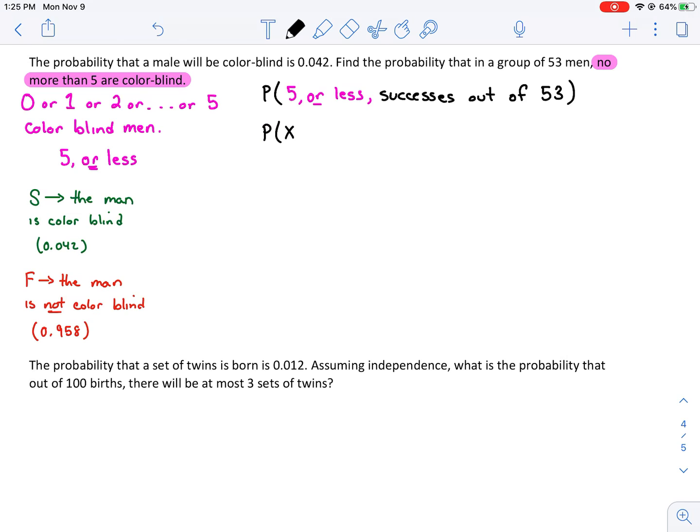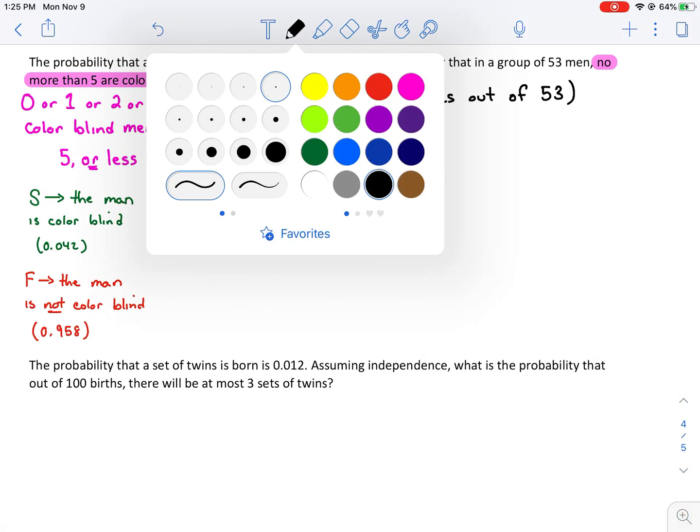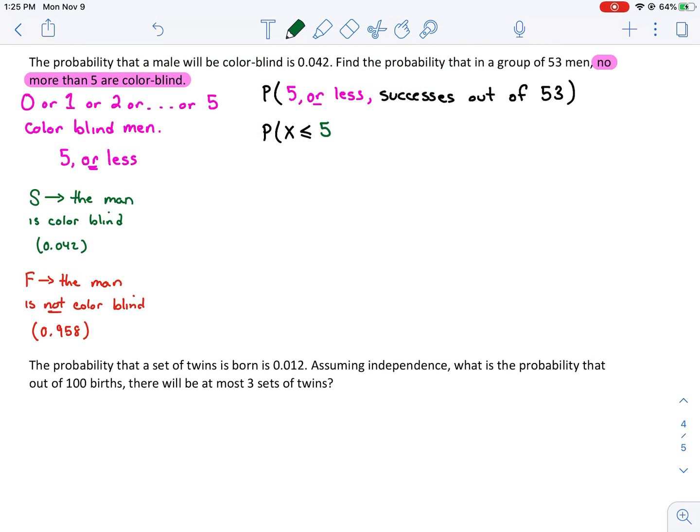Okay, so we can write that as the probability of x is less than or equal to 5.